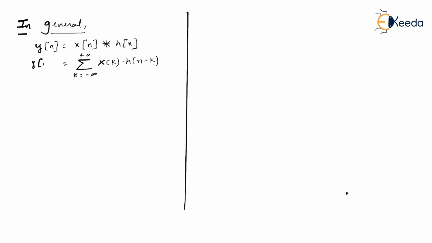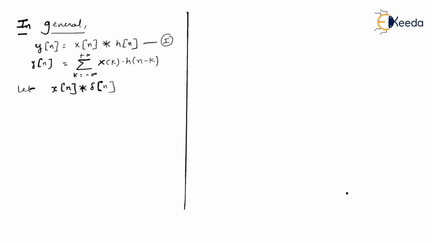So this is the formula for discrete time convolution. Let us assume I want to perform this operation, that is x of n convolved with del of n. In that case, now you can compare with this equation 1. So in the place of h of n, what we have is del of n, that is unit impulse signal.